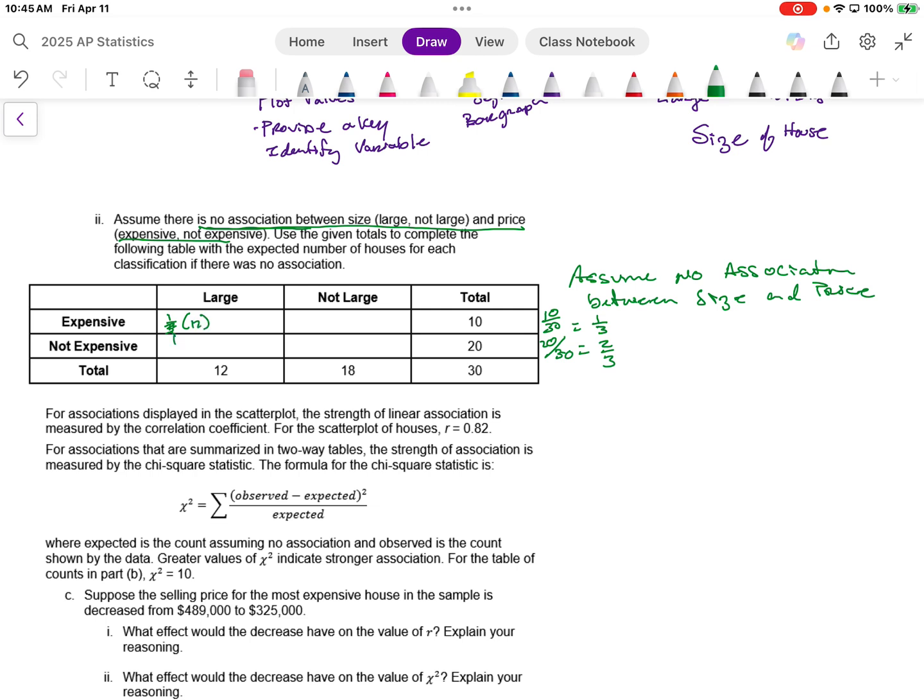What is 2/3 times 12? So that would be 4, that would be 8. Coming over to the other side, 1/3 of 18 is 6, and then that would give us 12 in that part.